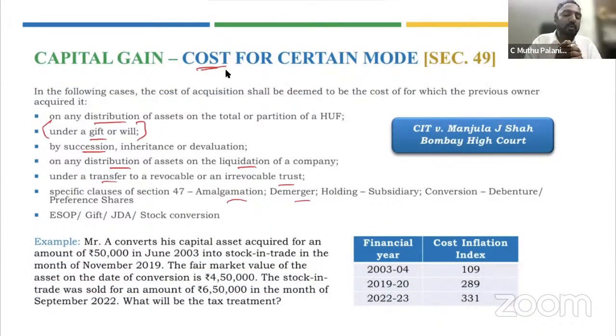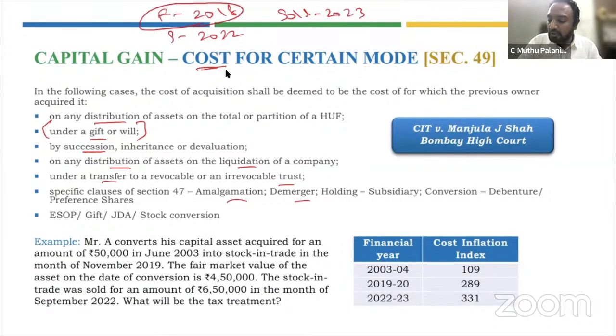So the question came up: should I take the year in which it was first owned by the son? Let's take an example. Father purchased in 2018, gave to son in 2022, sold in 2023. Now for indexation, should I index from 2018 or from 2022?